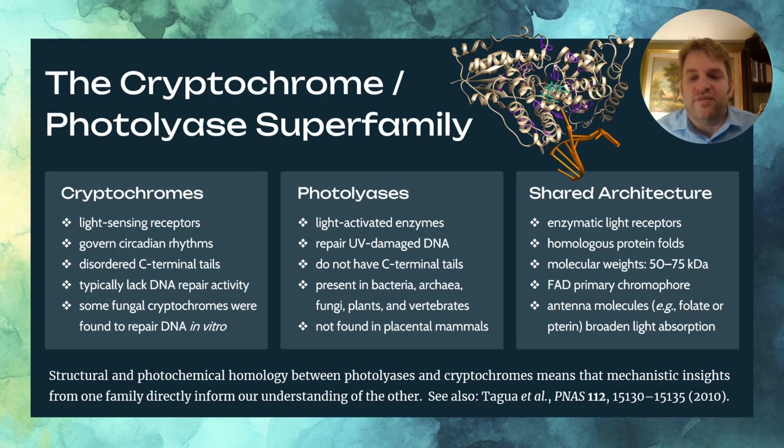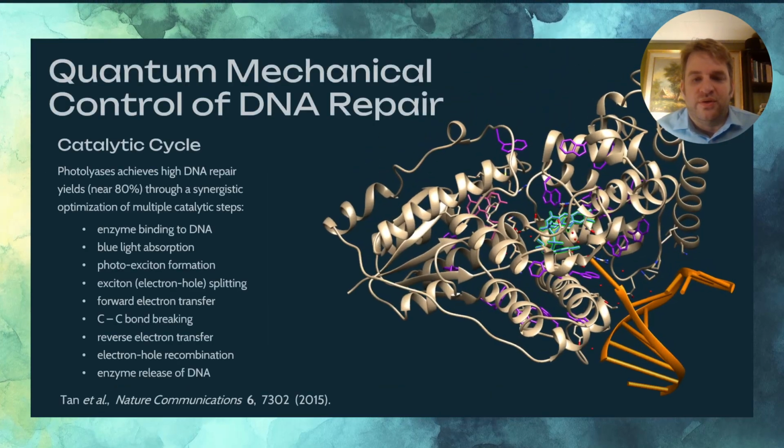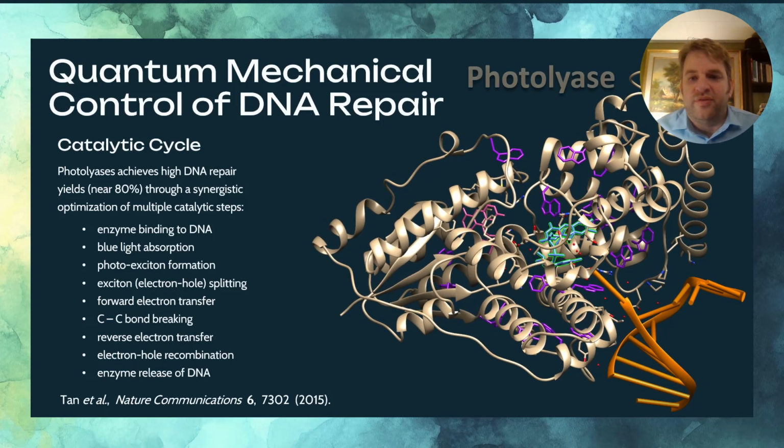That is a flavin adenine dinucleotide molecule buried in the center of the protein. Typically, cryptochromes and photolyases also have an additional antenna molecule, such as a folate or a pterin, to broaden their light absorption.